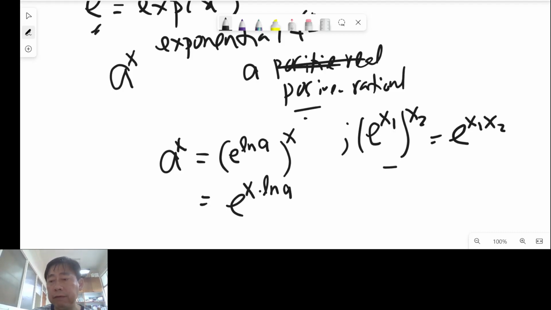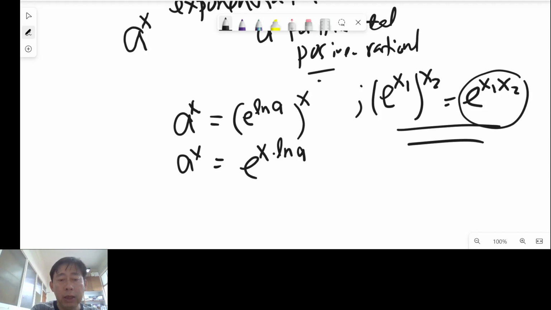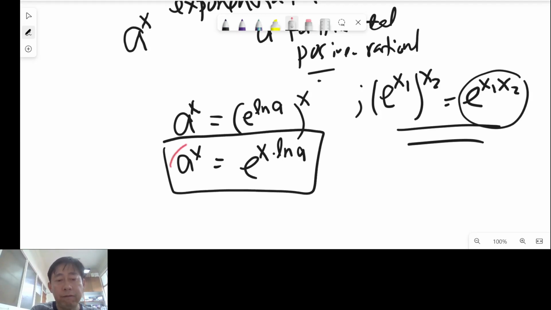So making use of this rule for the exponential raised to another power, the result is the same as e raised to the power of the product of x1 and x2. So I have this equation which represents the generalization of the exponential function, where in this case x can also be an irrational number. The reason is because e to the power x is defined not only for rational numbers but also for irrational numbers.